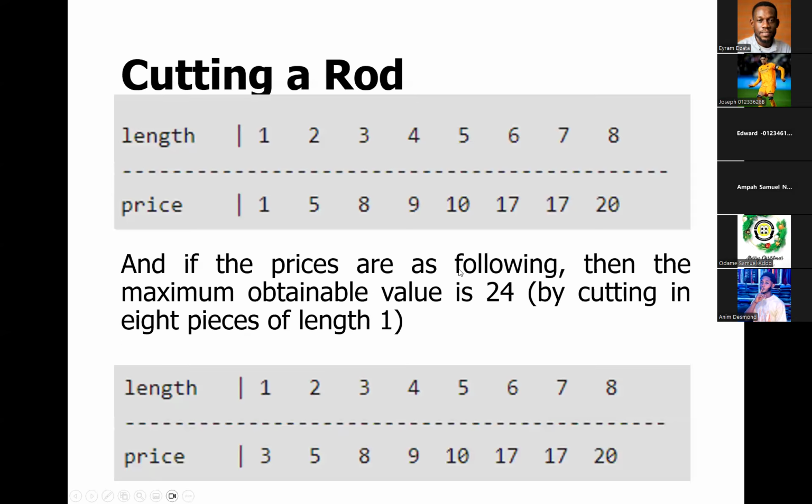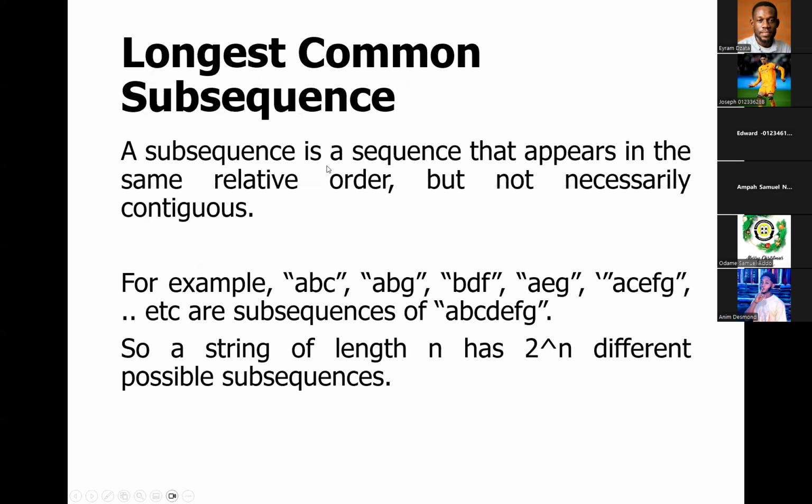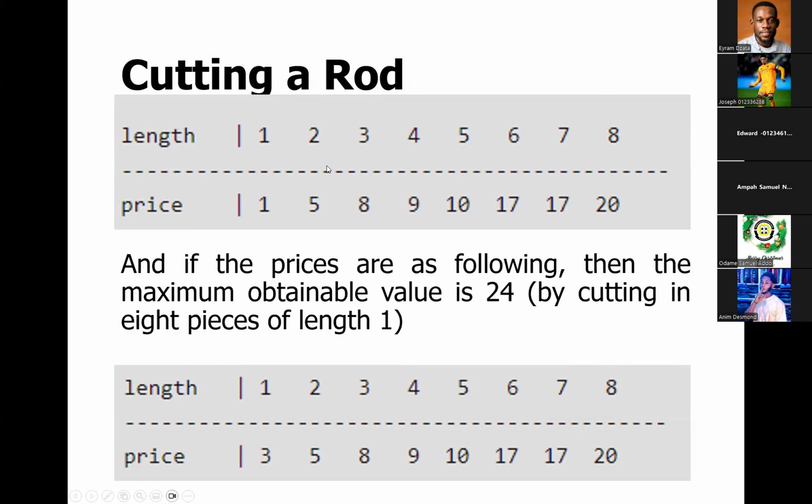So this is how the rod cutting example looks. You have the length 1, 2, 3, 4, 5, 6, 7, 8, and then you have the price.